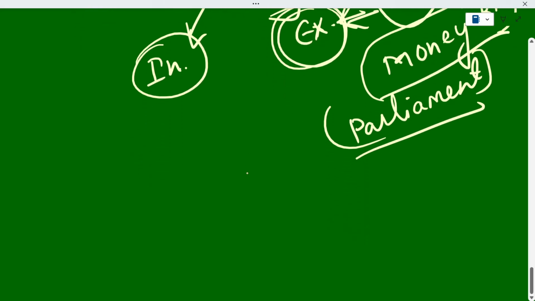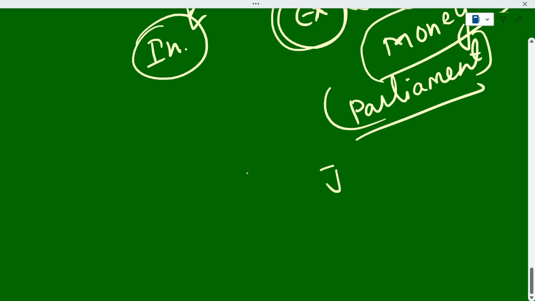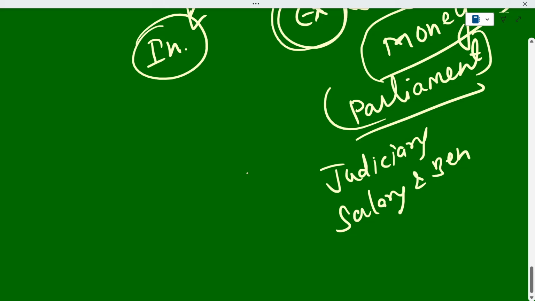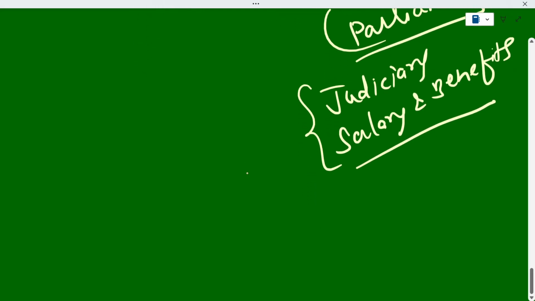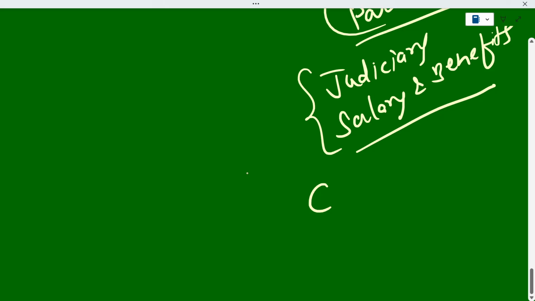But the running of the judiciary and the salary and benefits of judges, both of them are not accounted for. They are directly made from the Consolidated Fund of India, CFI.